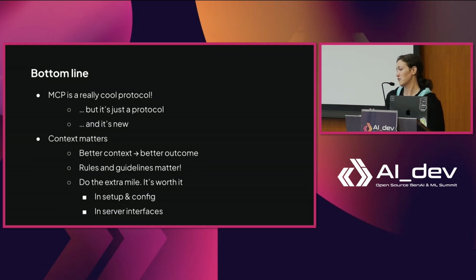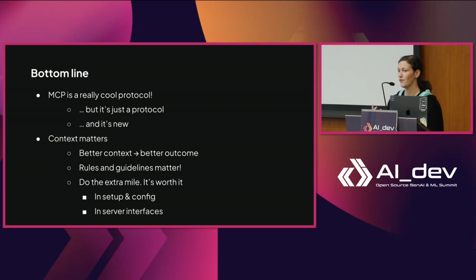And context matters. Better context will likely yield a better outcome. The rules and the guidelines matter a lot, just to make sure that that thing is well defined. And if you define what you need, you're going to get a better result. And my personal opinion, and from what we're seeing at HUD and from what we're seeing from our customers who are also building at scale, is that doing that extra mile is worth it in setup and configuration.